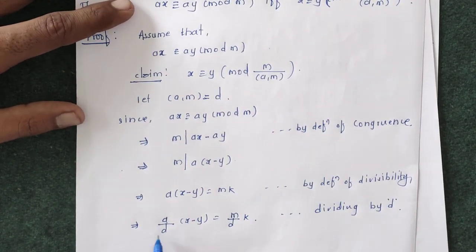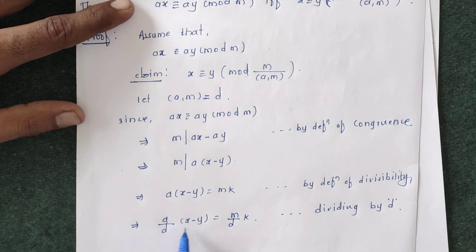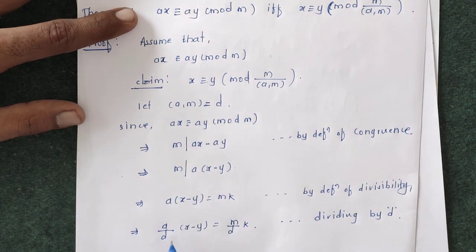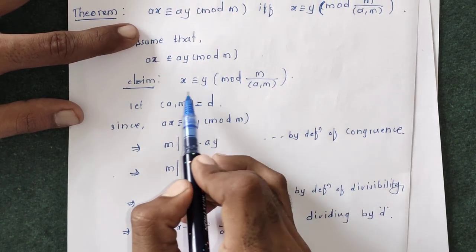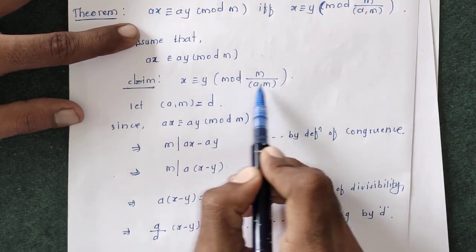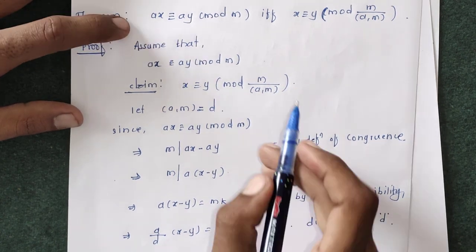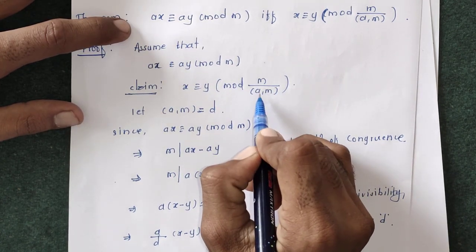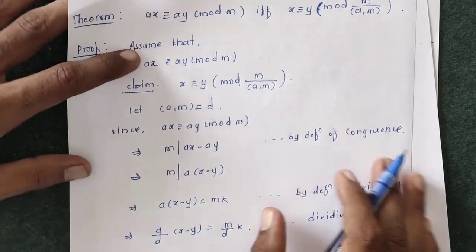For that, we must prove that m upon GCD of a and m divides x minus y.